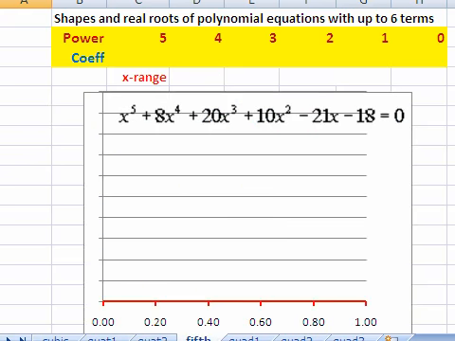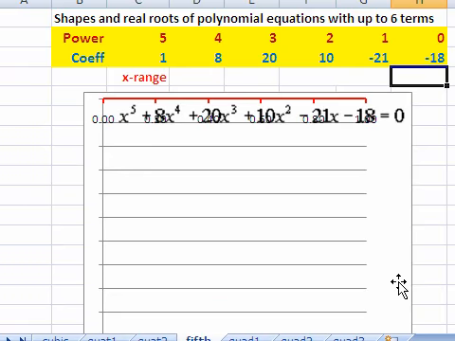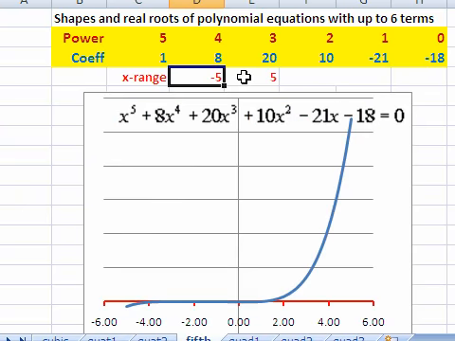Here's another example. This is a fifth order equation. The 5th power coefficient is 1. Then we have an 8, 20, 10, -21, and the constant term is -18. Let's start with a range of -5 to 5. That's not a good range.